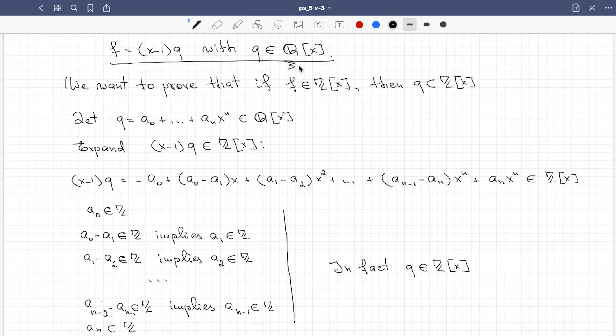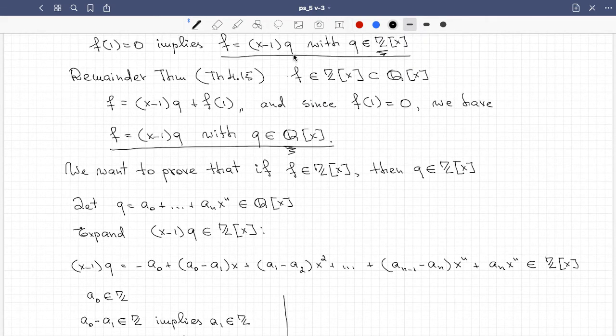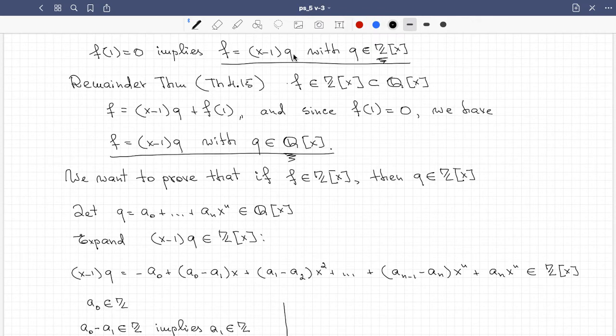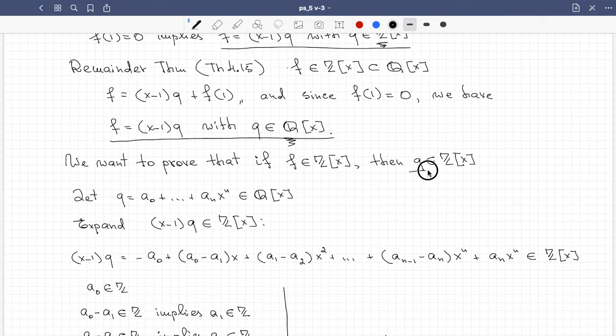We wanted to prove that our Q has integral, not merely rational coefficients.